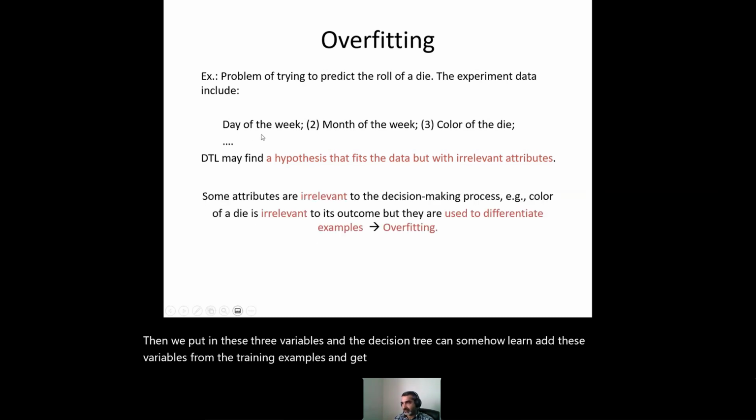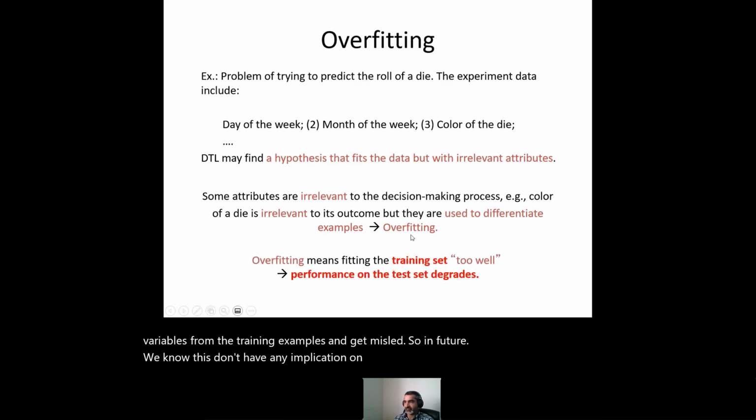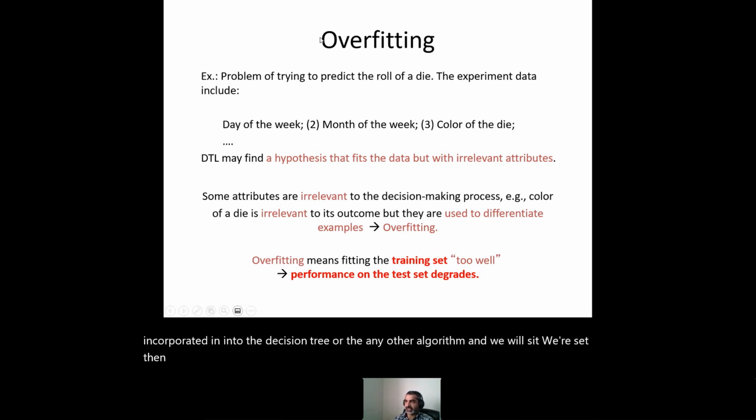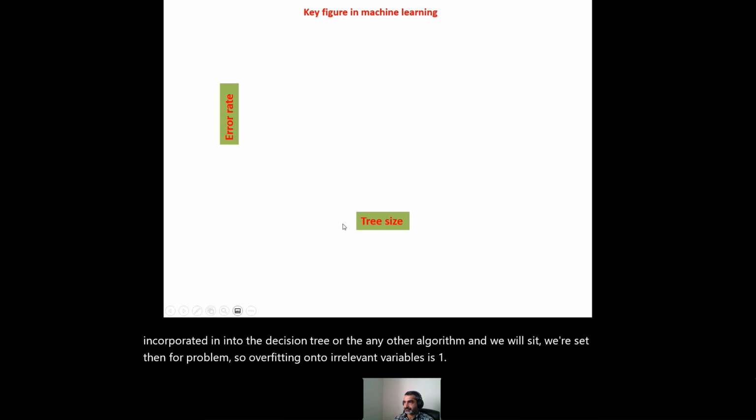In future, we know these don't have any implication on the result of the die, but they will be incorporated into the decision tree or any other algorithm, and we are set for problems. So overfitting onto irrelevant variables is one cause of that divergence.